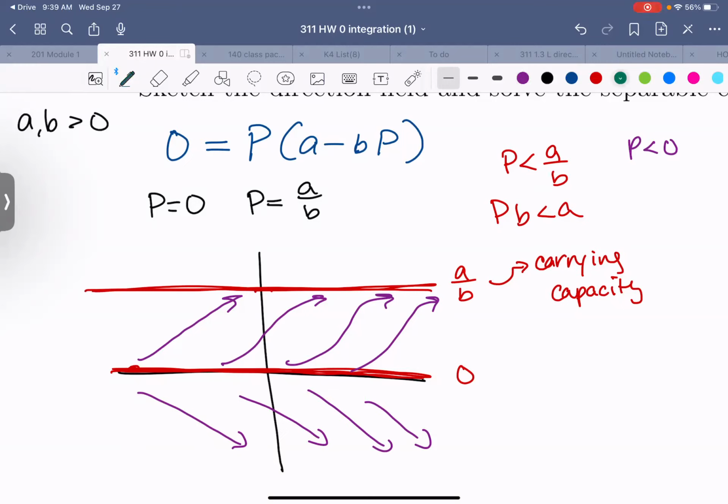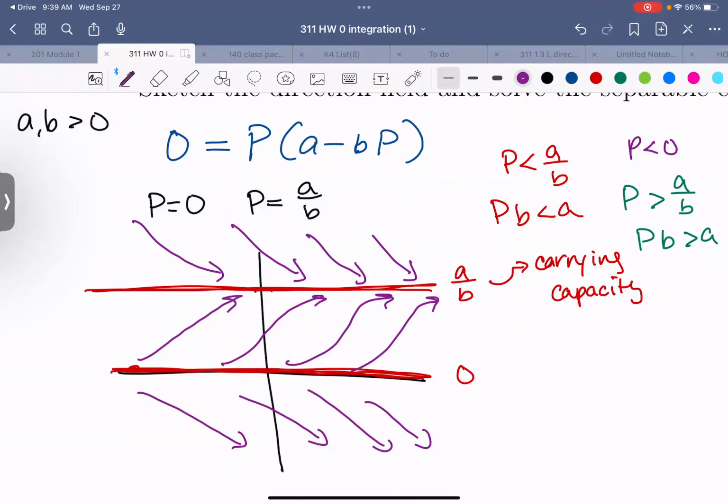And then the last case you want to consider is what happens if P is greater than A over B. That would mean that PB is greater than A, but a positive population. So a positive times (PB minus A), which is greater than A, means it's going to be negative in the parentheses. So you're going to get something that's negative. And so it's going to come down to this equilibrium solution.